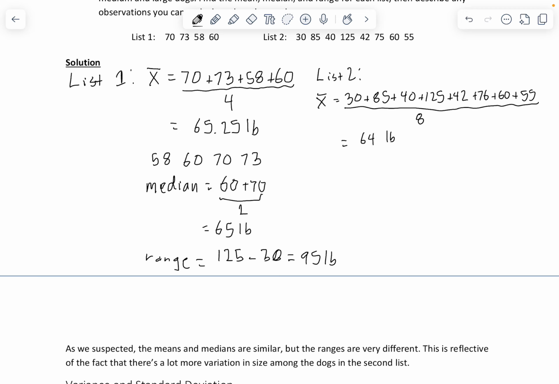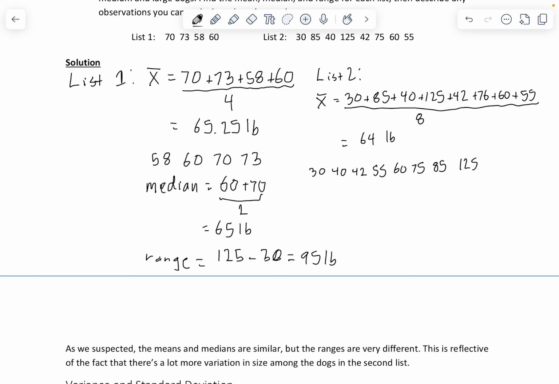For the median, we arrange the numbers in order to start with, which gives us 30, 40, 42, 55, 60, 75, 85, and 125.